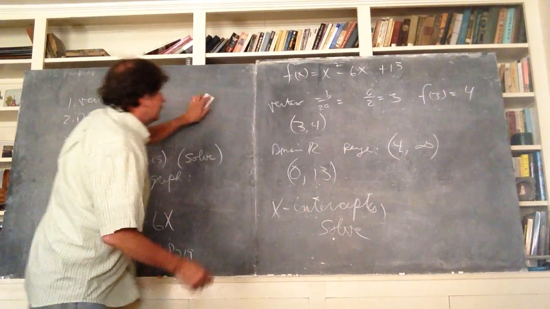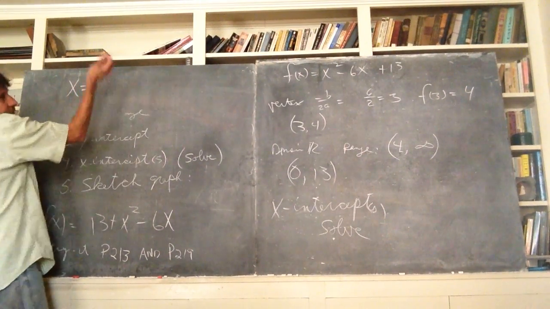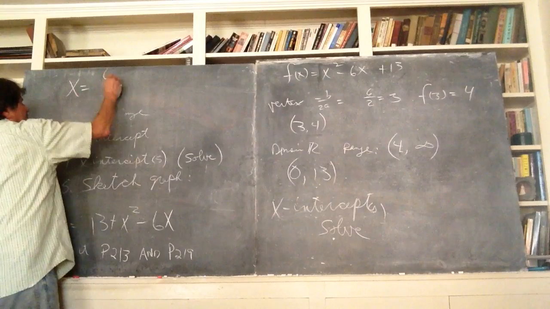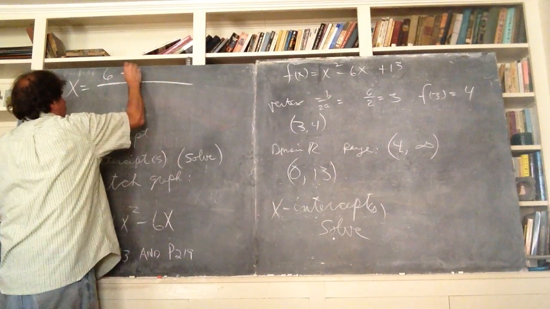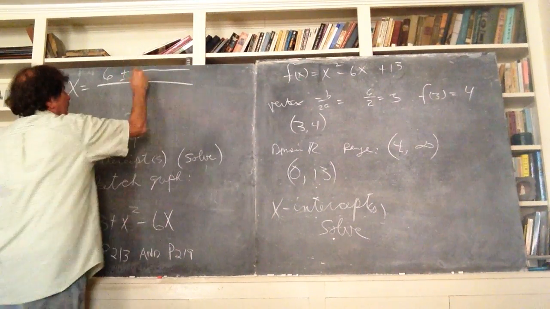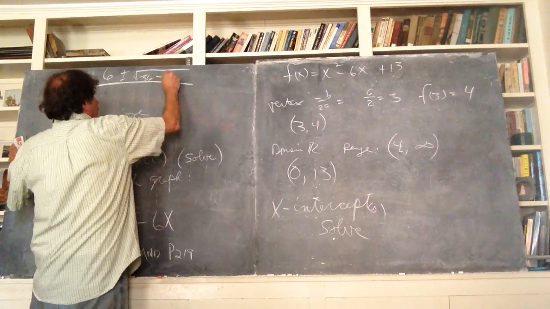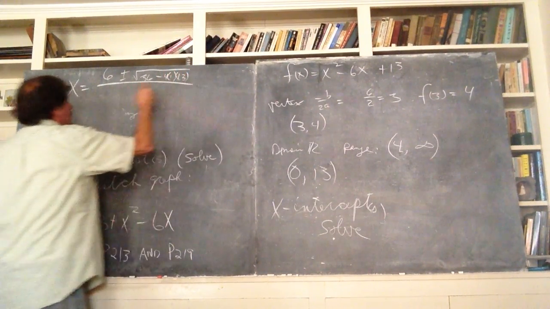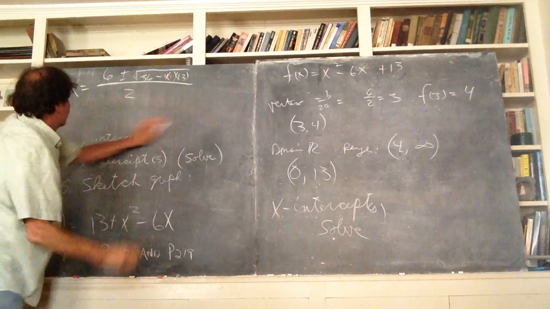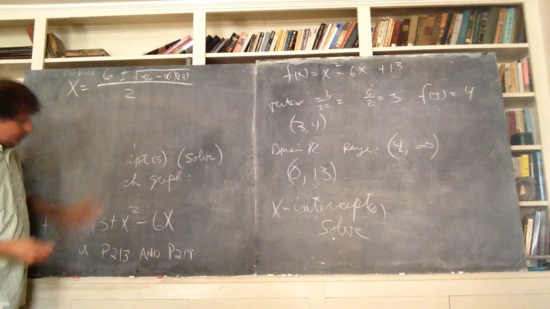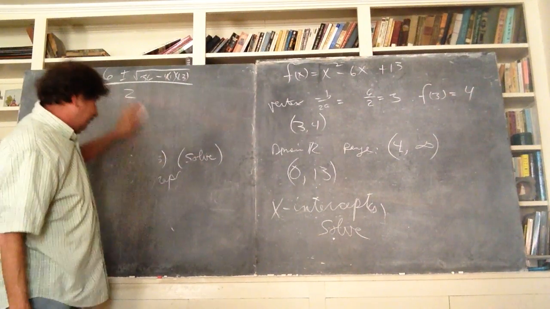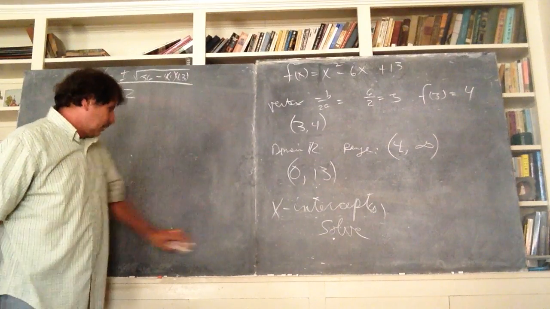So we're going to solve this, and I'm using the quadratic formula. Opposite of b plus or minus the square root of b squared minus 4 times a times c, 4 times 1 times 13, all over 2a. That's the quadratic formula. Please familiarize yourself with that, not just for now, but boy, next year.